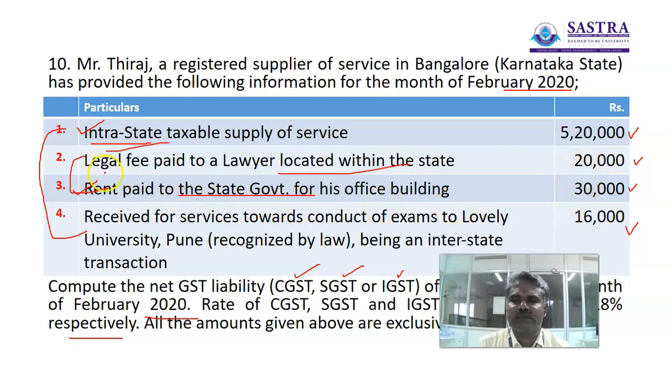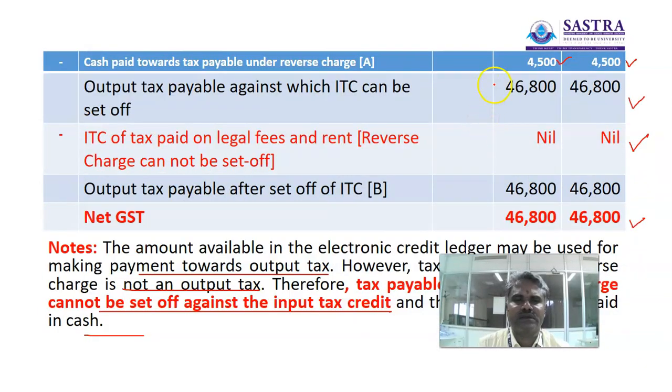50,000 totally. Inward supply 50. We have to charge reverse charge for this 50,000. 9% on 50,000 is 4,500. You see.